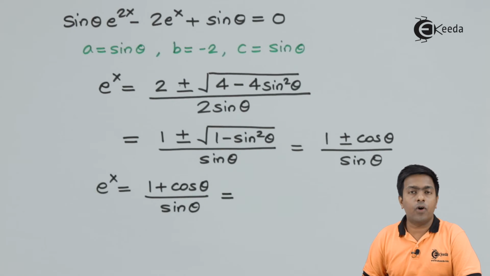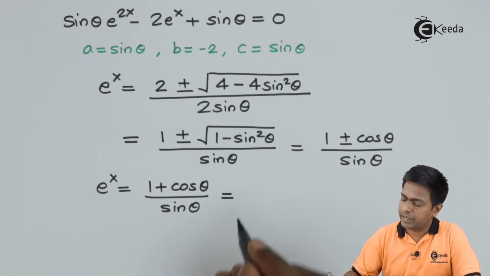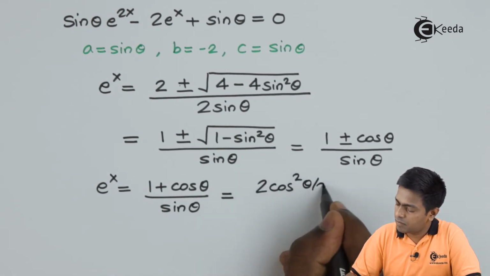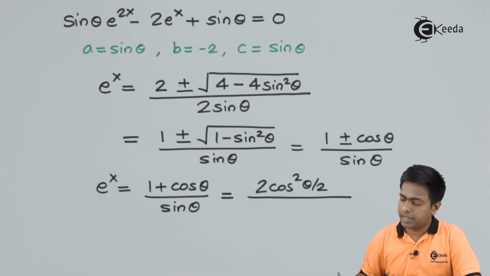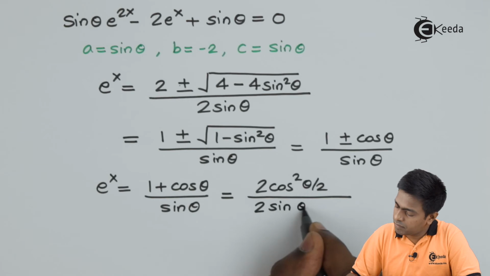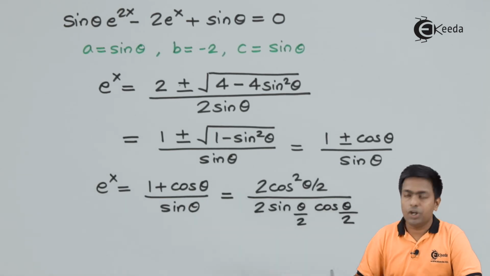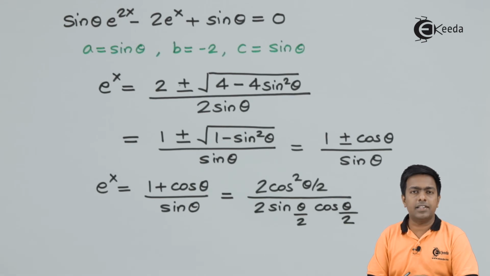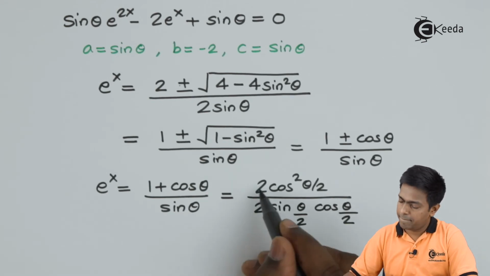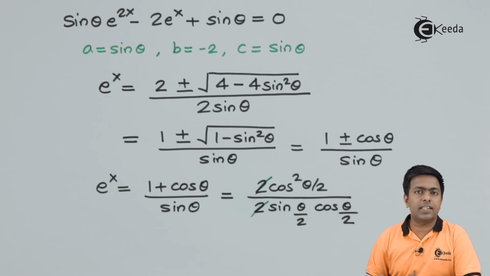Now the formula for 1 plus cos theta we all know, it is 2 cos square theta by 2. Sin theta can be 2 sin theta by 2 into cos theta by 2. Now we can cancel this 2 and we can cancel one cos term.